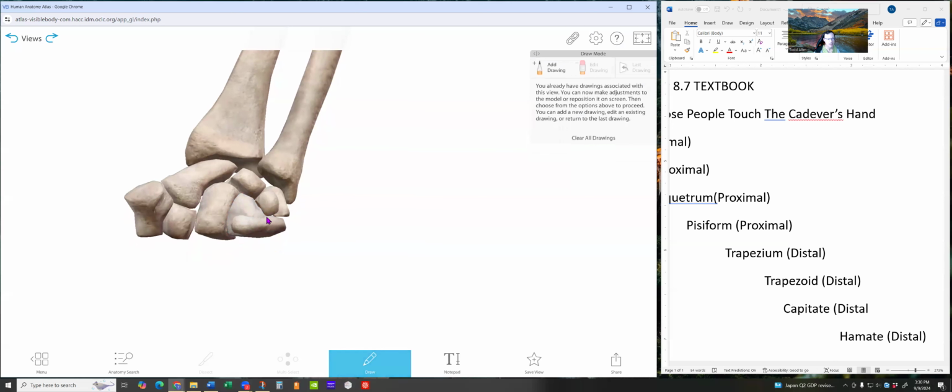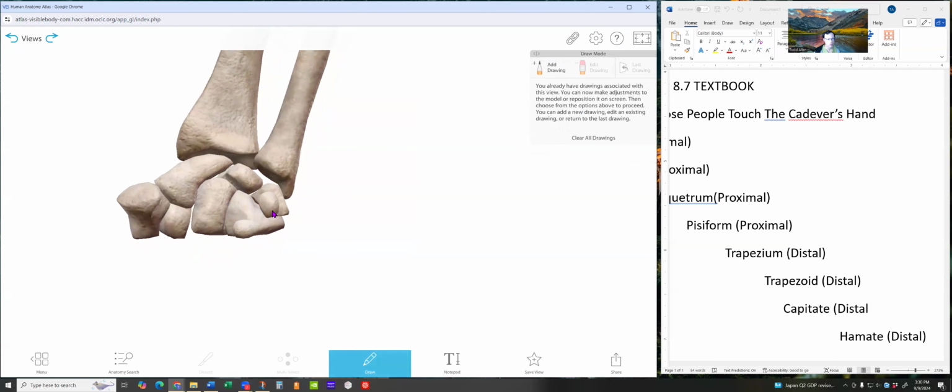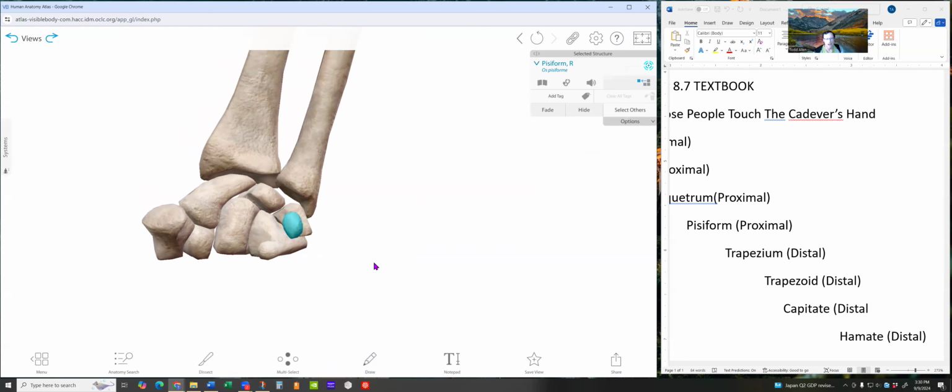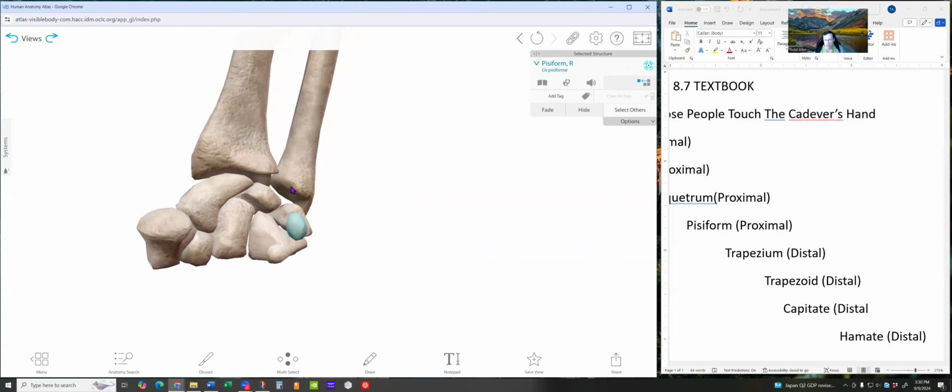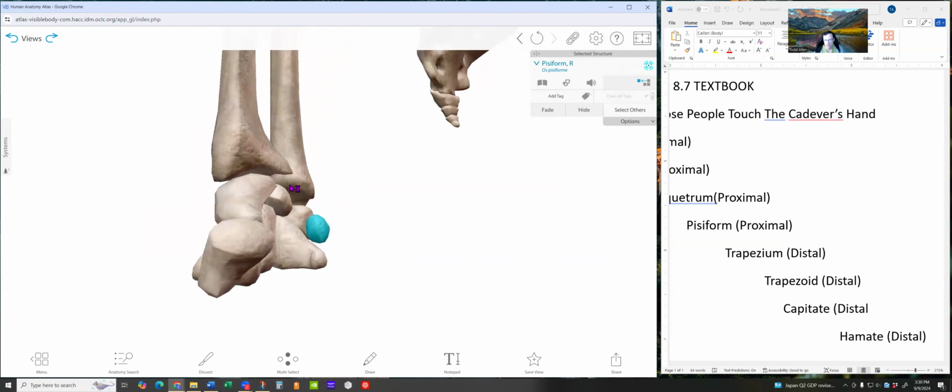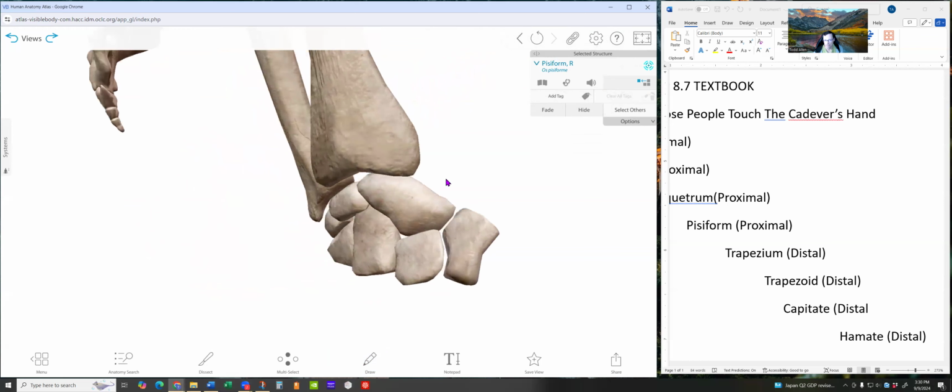Okay. One thing I would like to point out to you here, and I'm going to erase my drawings, is that the pisiform is a very good bone to highlight to know whether you're looking at the anterior surface of the wrist or the posterior surface. So watch this. Right now, you're looking at the anterior surface, and you can clearly see the pisiform, right? What happens if you rotate this so that you're looking at the posterior surface of the wrist?